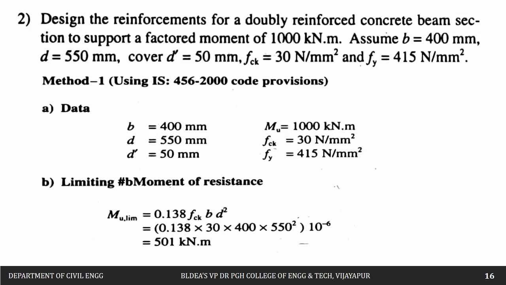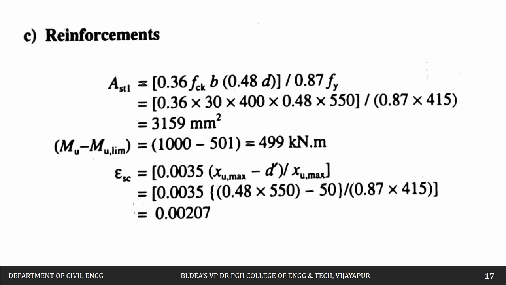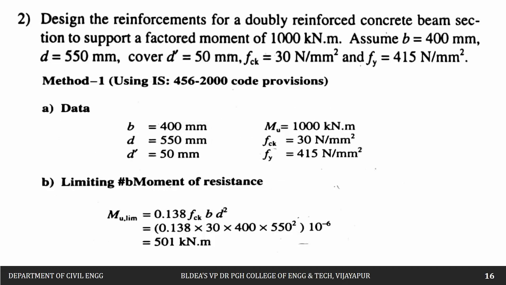The next is another similar problem we have. You can refer to this problem and try to solve it on your own. If you have any doubts, you can ask me the question in the next class. This is the same problem again. They have asked us to calculate or design the reinforcement for a doubly reinforced concrete beam.